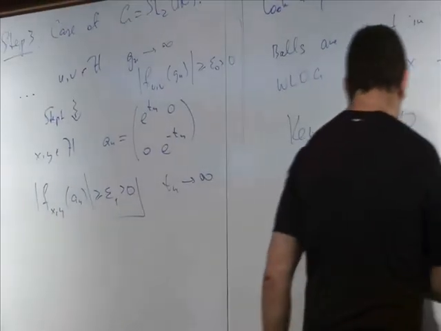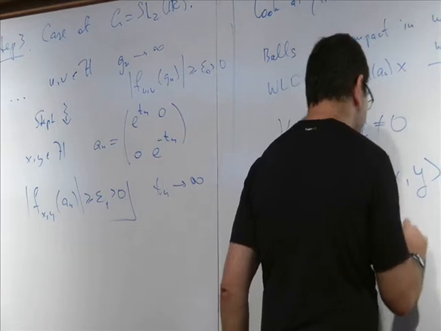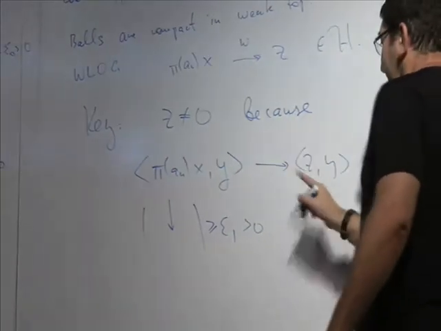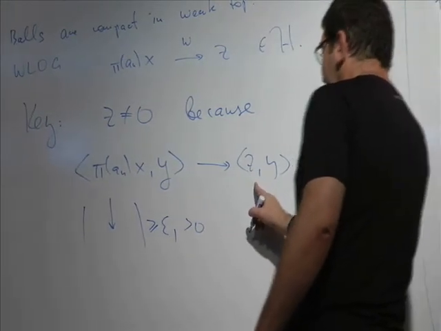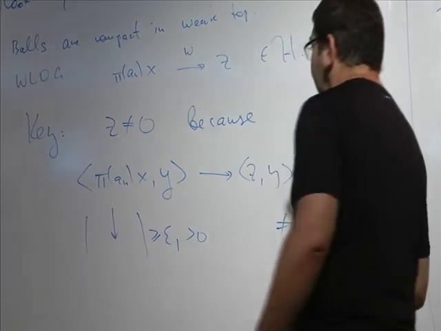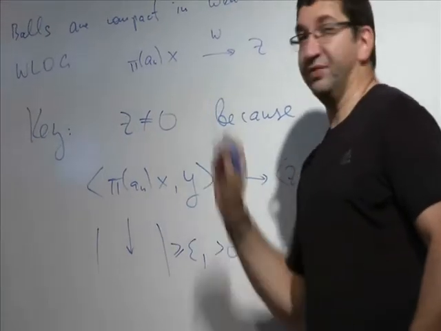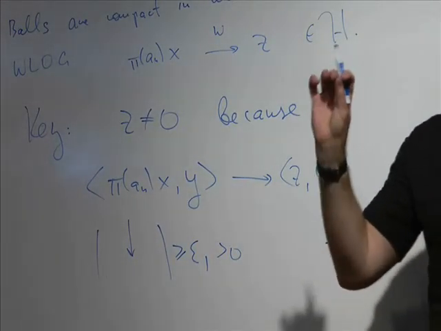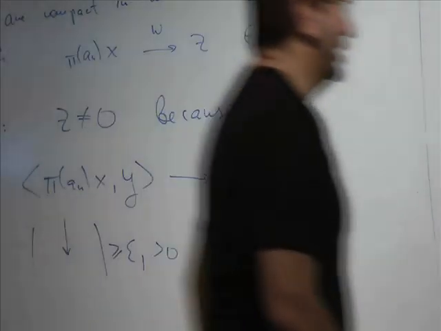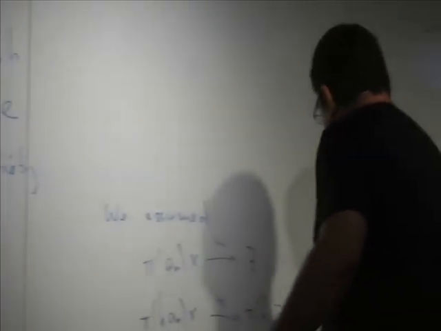And therefore, this is by absolute value greater or equal than A1, which is epsilon 1, which is positive. And from this you get that this dot product is not 0, and therefore z is not a 0 vector. That's the crucial thing. You work very hard just for that little thing. But now we have Mautner's lemma proved here. Let's erase.